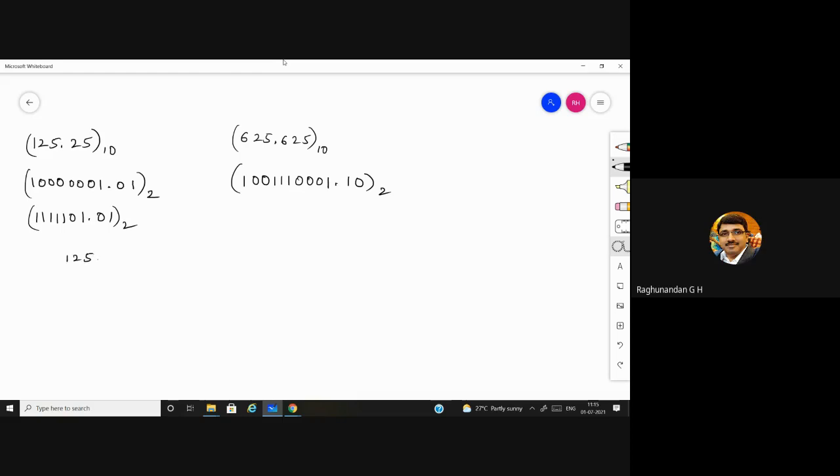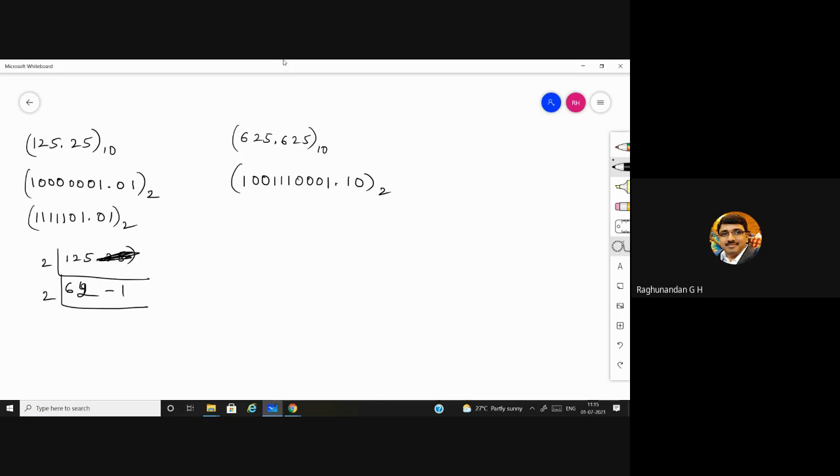Okay. 125.25. So 2 6 2 4, and remainder will be, so 2 2s remainder will be 1.